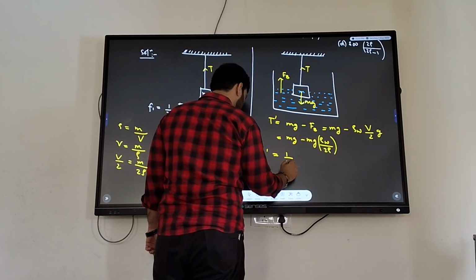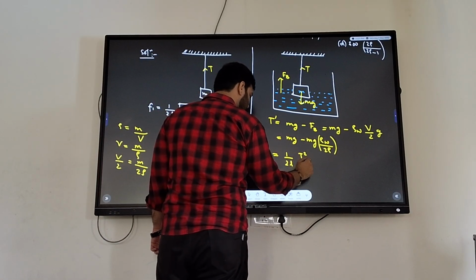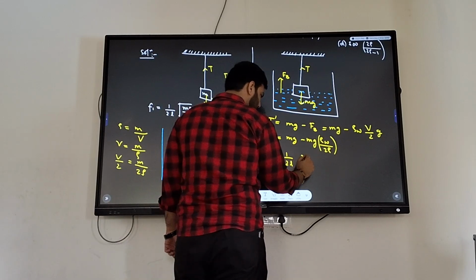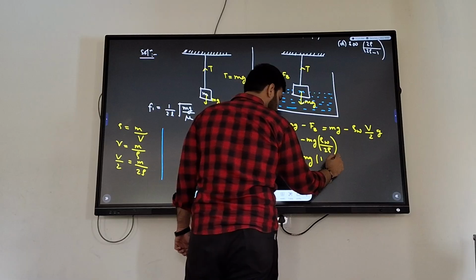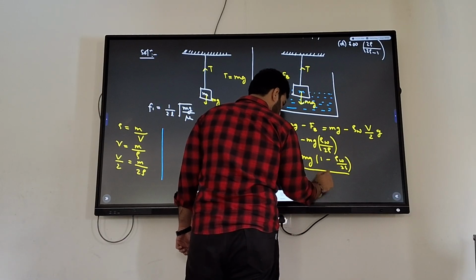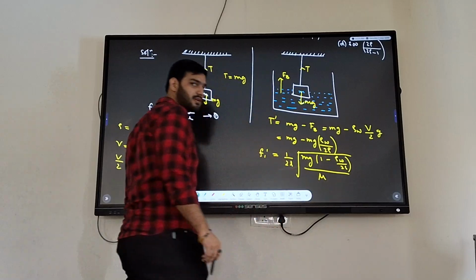F1 dash is 1 by 2L root T dash by mu. But what is T dash? That's mg times 1 minus rho w divided by 2 rho, divided by mu. Can I take the ratio of the two equations?